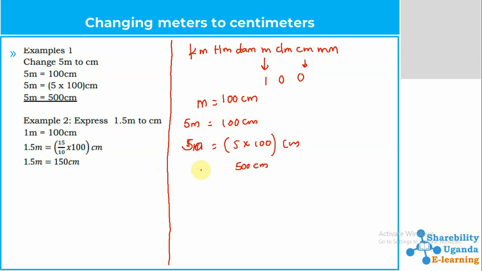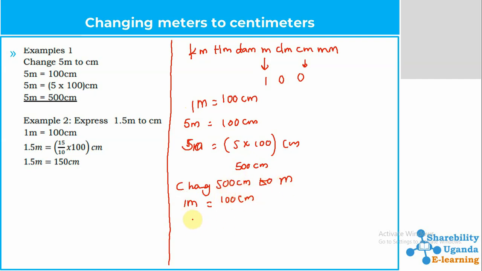When it comes to expressing more of this, let me say we are changing 500 centimeters to meters. How could we do this to come up with the answer 5? Now we know that 1 meter is equal to 100 centimeters, but now we are changing a small unit to a big unit.